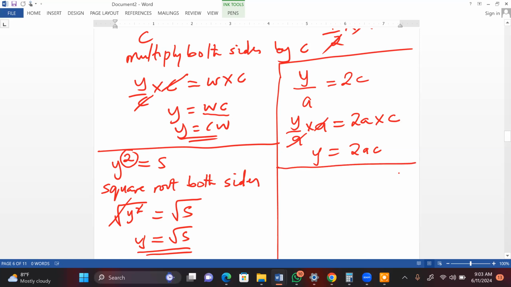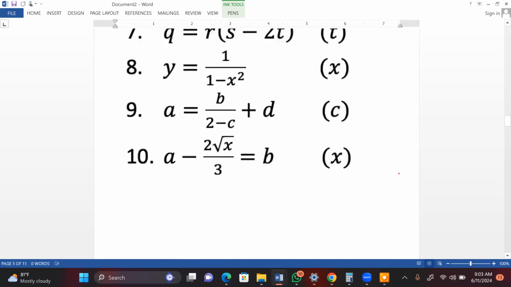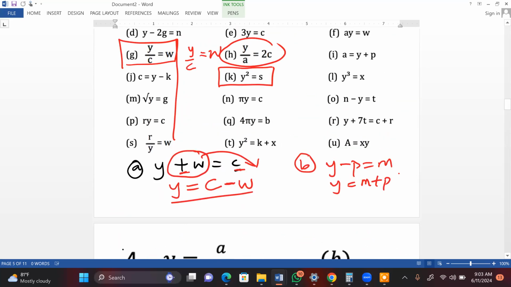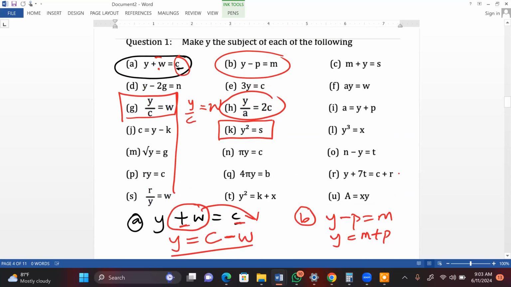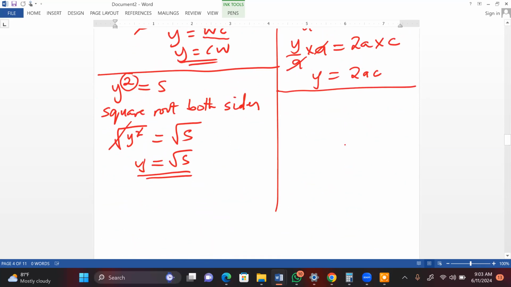So the next one we're going to do together. Let me pick another question. Okay, let me pick question L. Y cube equals x.